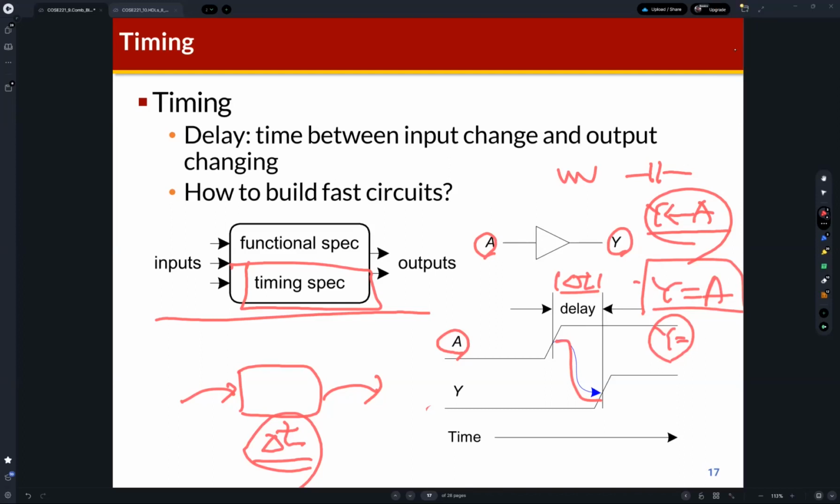So we need to consider the timing specification of a circuit. It's very important, because sometimes we just ignore the delay in our circuit because we are very familiar with software coding. But when we consider hardware design, we also need to consider the timing behavior of our design.